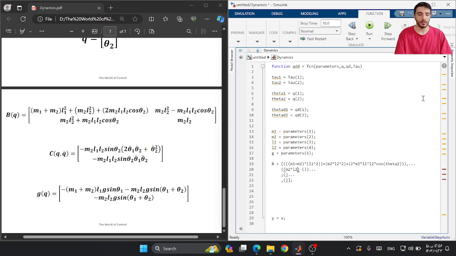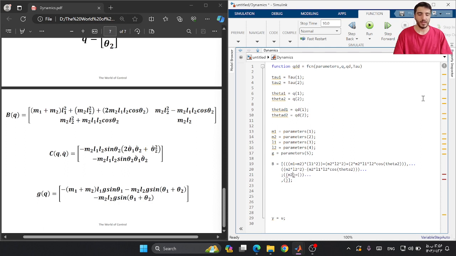M2 L2 squared minus M2 L1 L2 cosine of theta 2. The third one has two terms in it.